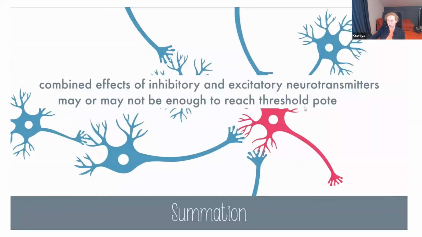So to excite a postsynaptic neuron, a single signal from one presynaptic neuron is not always enough. The excitation of a neuron is the result of summation of influences from several neurons, or maybe a result of summation of very frequent signals from one neuron.